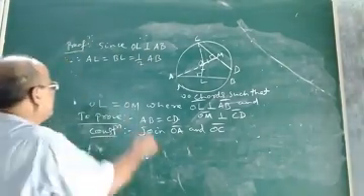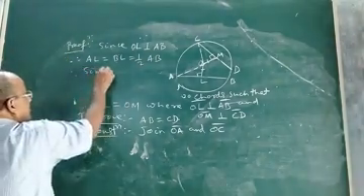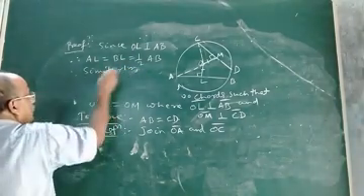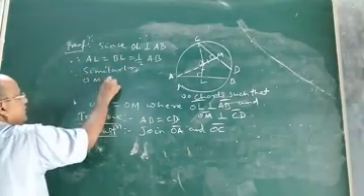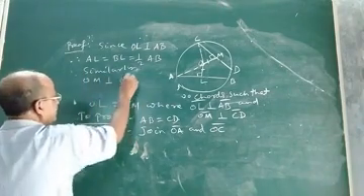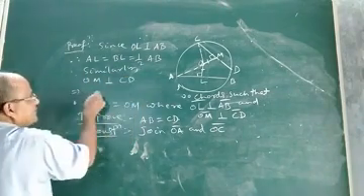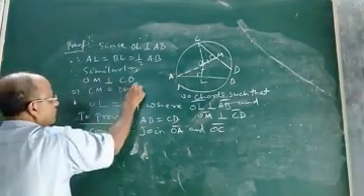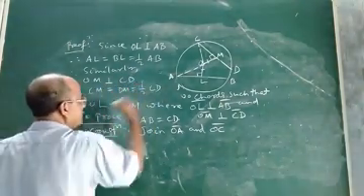Similarly, OM is perpendicular to CD. So this implies CM equal to DM, which is equal to half of CD.